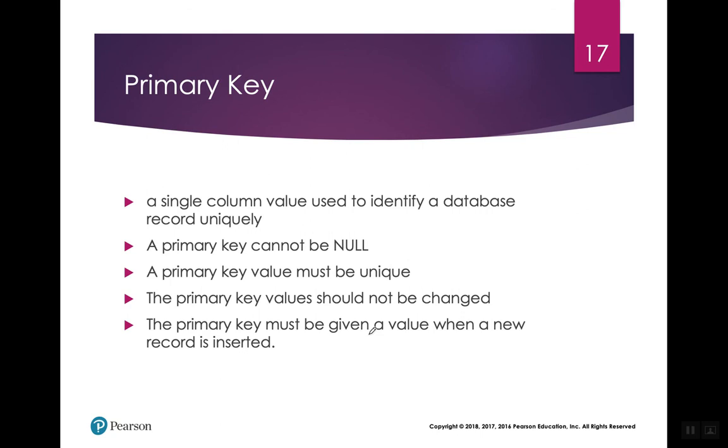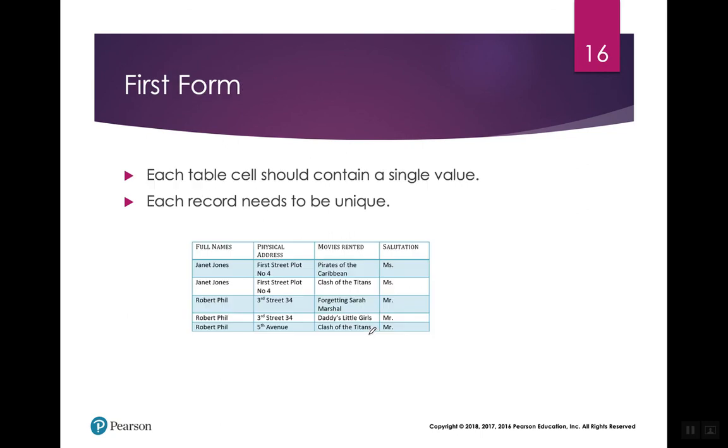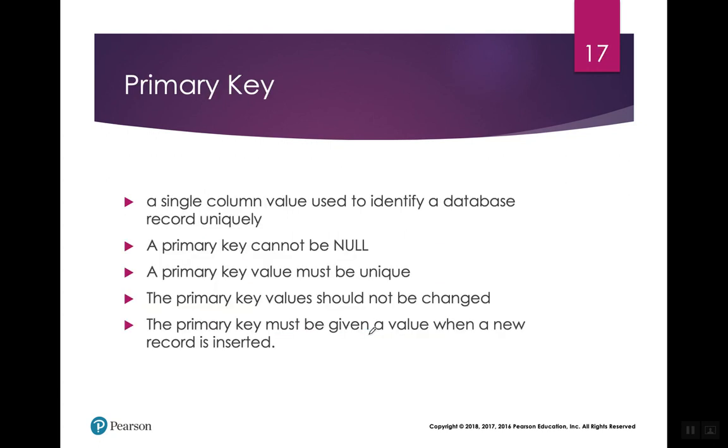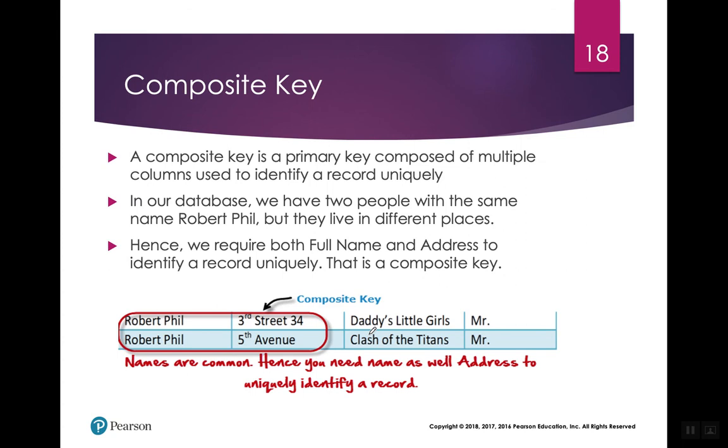We then assign the primary key. Once again, it's a field that makes the record unique. It cannot be null, it has to be unique, and once we put it in place, it can't be changed. Whenever you insert a new record, you give it a unique value. We can also create a key from more than one field. The term we use for that is a composite key: a primary key made up of several different columns.